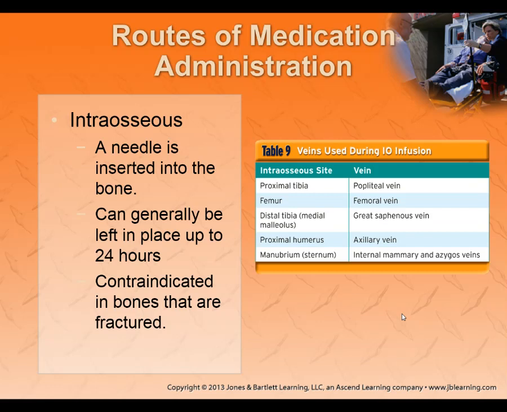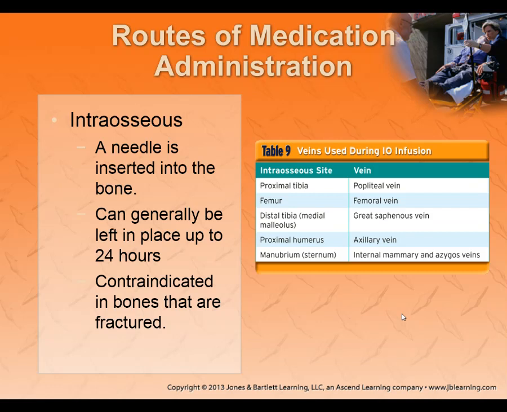Interosseous. This is something I have not given a ton of interosseous medications. I'm going to let you guys watch a short video in a second of how an interosseous IV is given. They're generally given in the proximal tib-fib area.